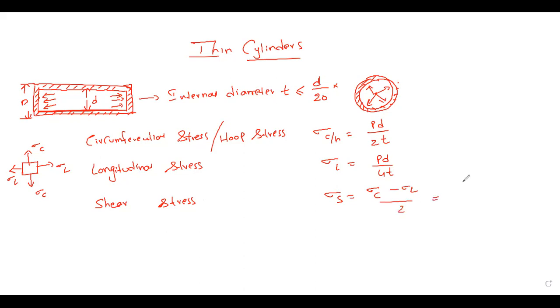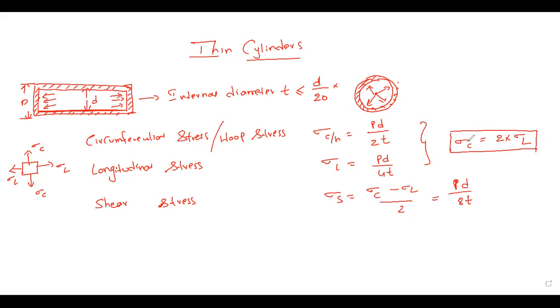By that you get your shear stress as PD by 8T. Here we can conclude that the circumferential stress is 2 times the longitudinal stress.